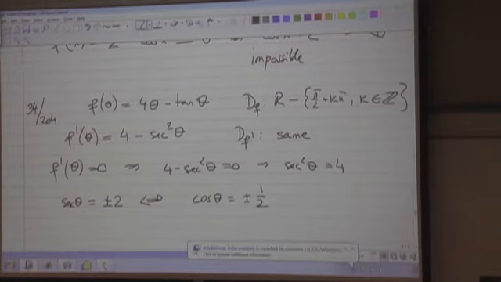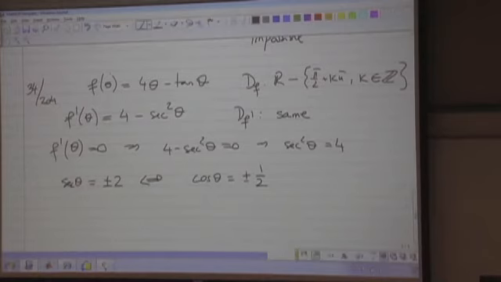So for what values of theta do we get cosine of theta equals 1/2 or negative 1/2? Pi over 3. So anything related to pi thirds, right? So pi thirds, 2 pi thirds, 4 pi thirds, 5 pi thirds, and so forth, right?